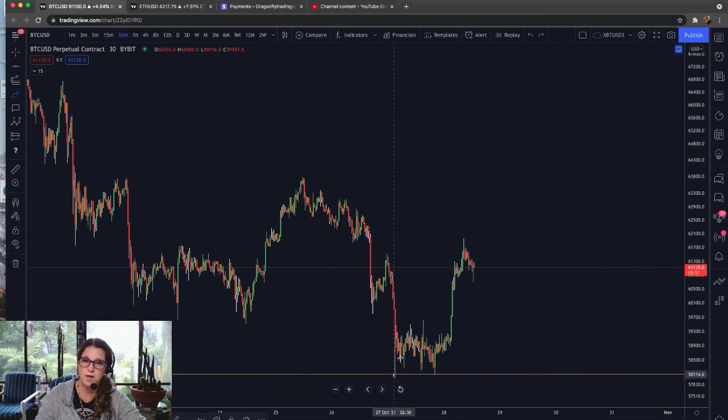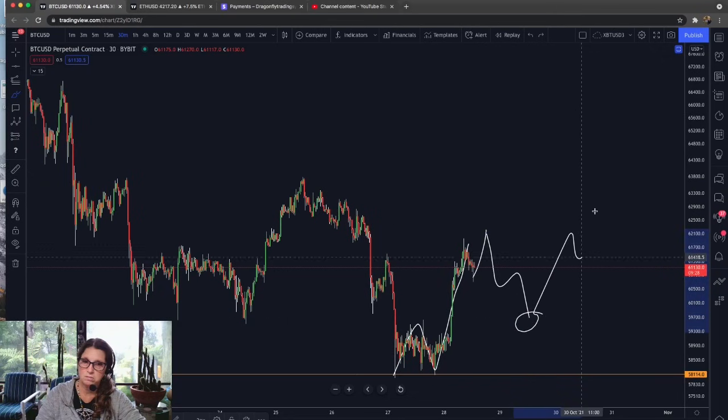This is either a flat here that's done, or we're going to get another hit to the high and it's just going to be overextended a little bit, or this is the start of something. And we're going to get a controlled three-wave move down. And then I kind of gave you a hint here.